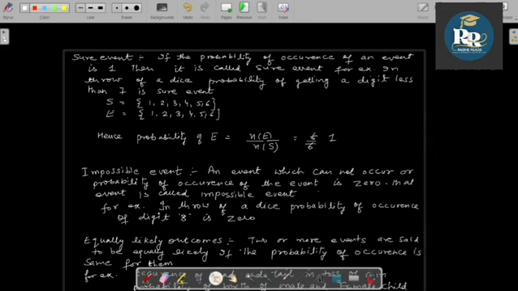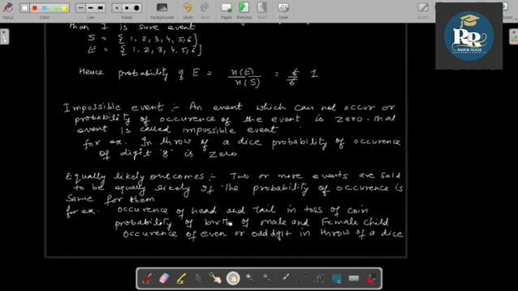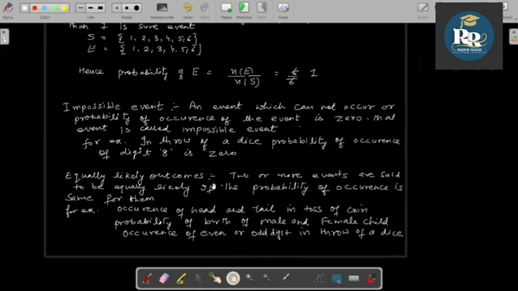Now the next definition is equally likely outcomes. What are equally likely outcomes? Two or more events are said to be equally likely if the probability of occurrence is the same for them. That means all the events have the same probability of occurrence. For example, occurrence of head and tail in toss of a coin, both have 50-50% chances.